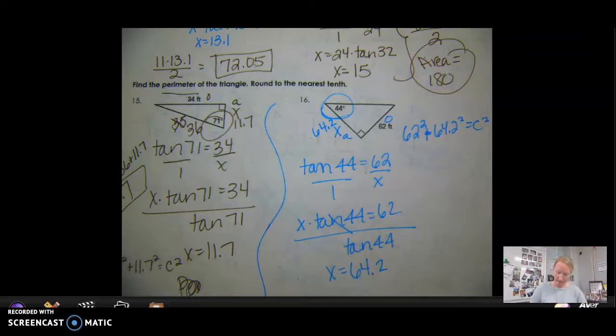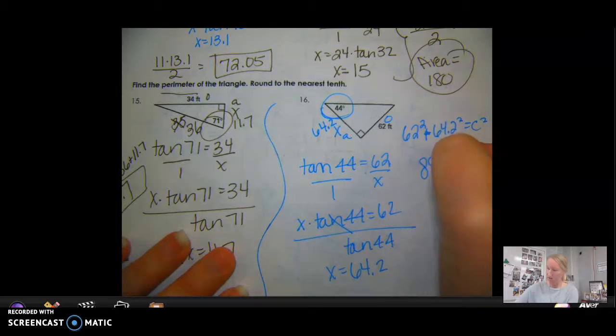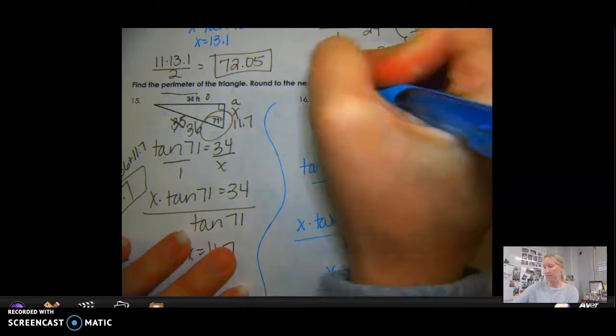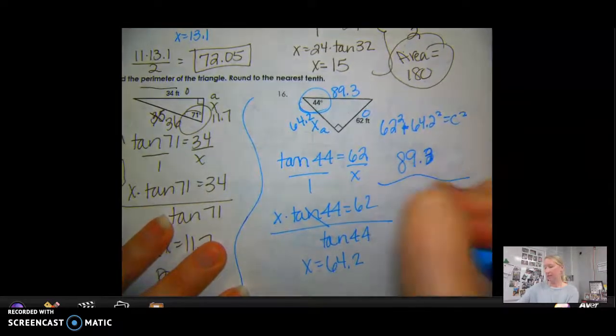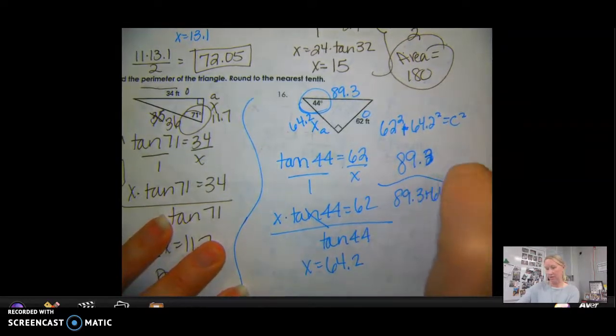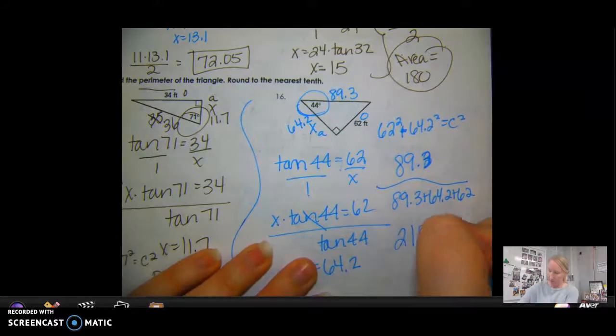That answer, I'm going to square root so I can get c squared down to just c, and I get 89.25, so that'd be 89.3 rounded. Now they want perimeter, so you just add up all the sides. So 89.3 plus 64.2 plus 62 is 215.5.